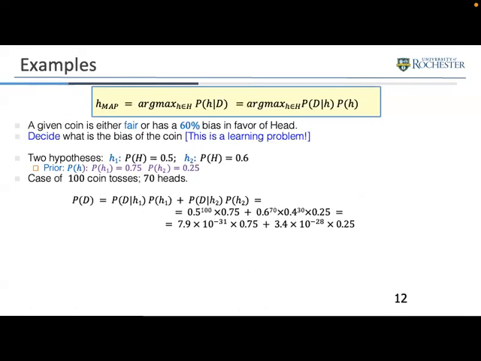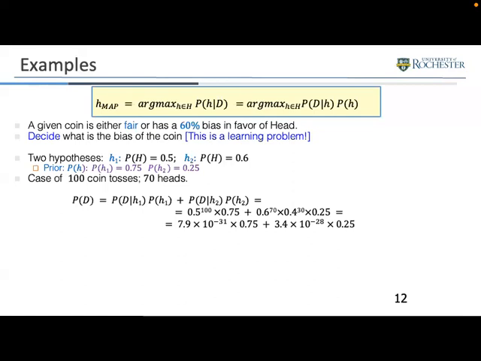Because each time we run the experiment, for the first hypothesis, it is 50% of the time heads and the other 50% tails, it follows a binomial distribution.